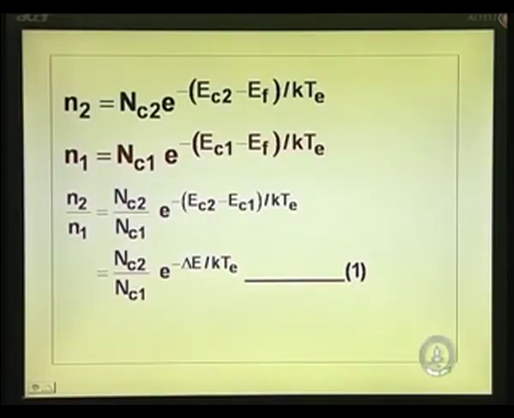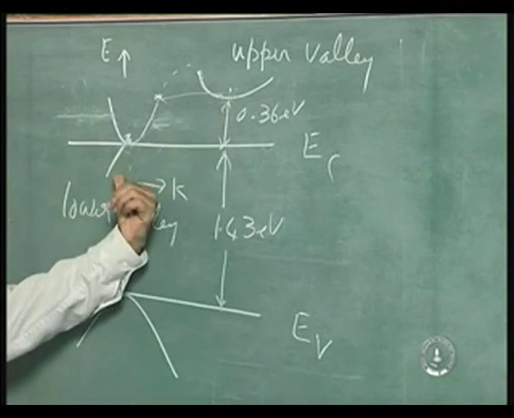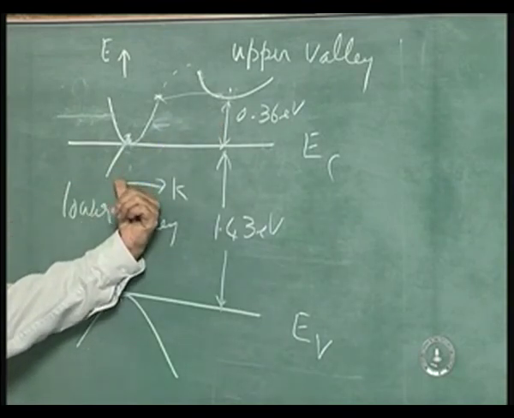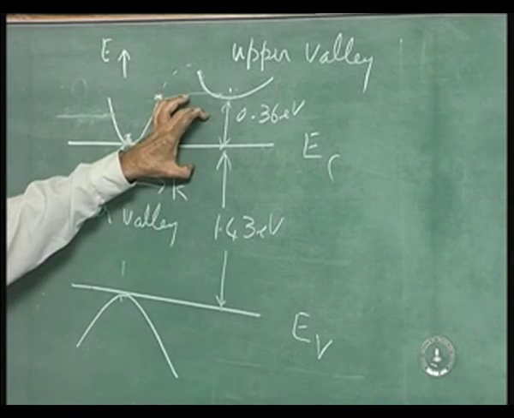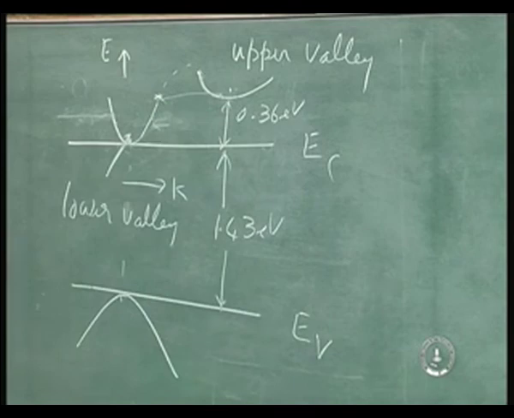So, let the T remain as Te now. We will examine it again. So, n2 by n1 is given by Nc2 by Nc1 into e to the power of (Ec2 minus Ec1) by kT, which is the density of states here divided by the density of states here multiplied by e to the power of minus delta E by kT. Now, I have replaced T by Te.